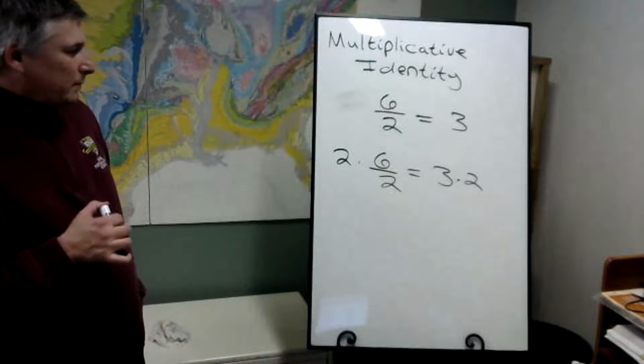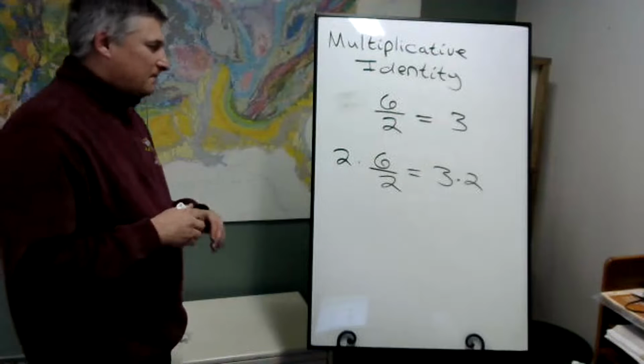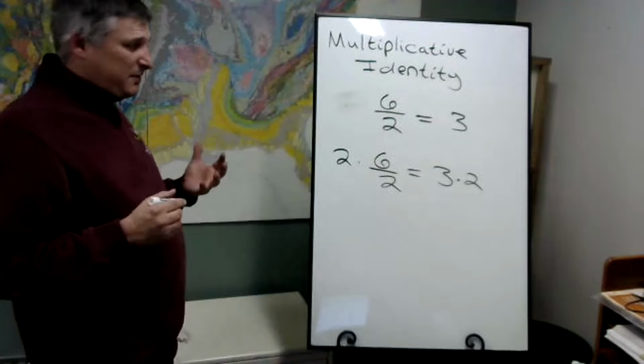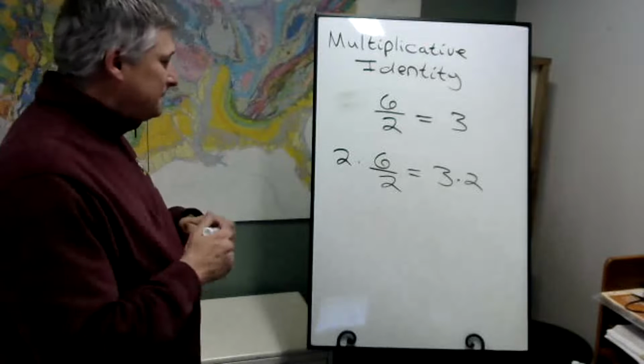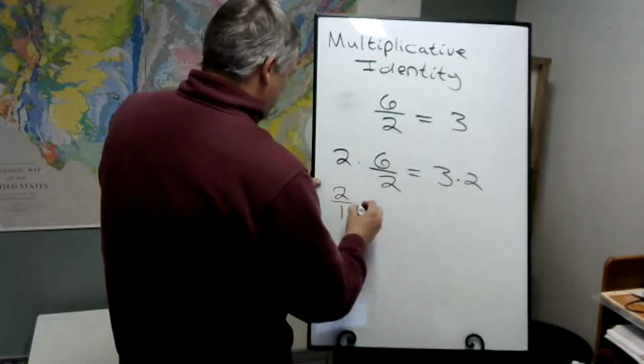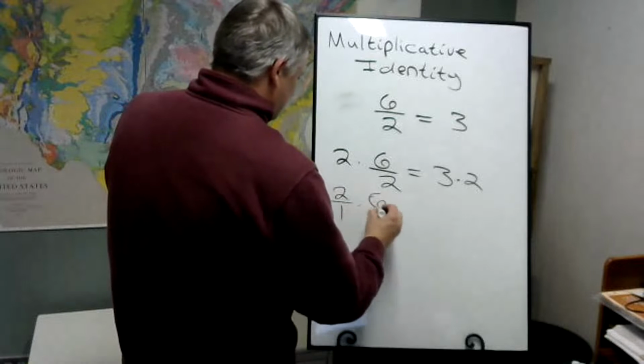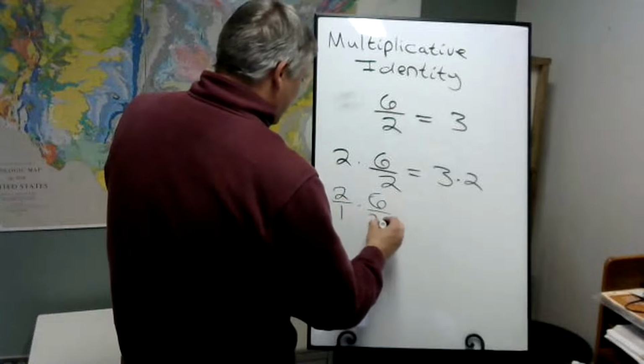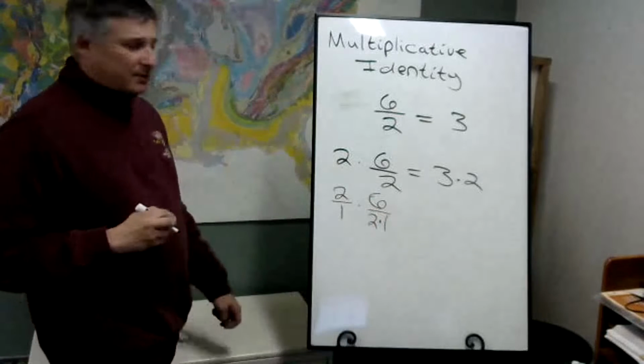So what we could do, and you can get a little fancy with this, it may be a little overcomplicated, so bear with me. Call this 2 over 1 times 6 over 2 times 1, because again, we can always multiply something by 1.